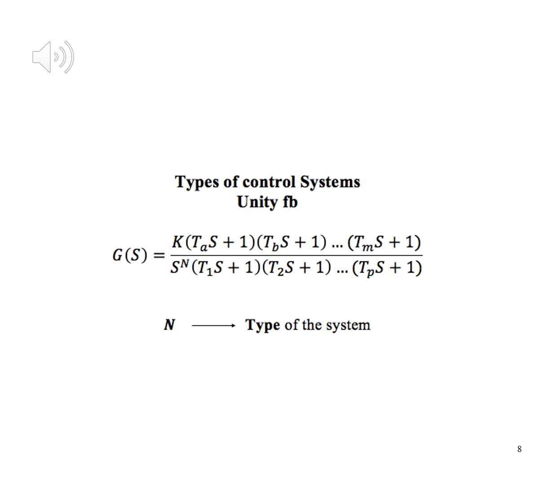Now the polynomial in the numerator, we can say it is equal to, for example, S squared plus AS plus B. So we can factorize the numerator into S plus x1 times S plus x2.